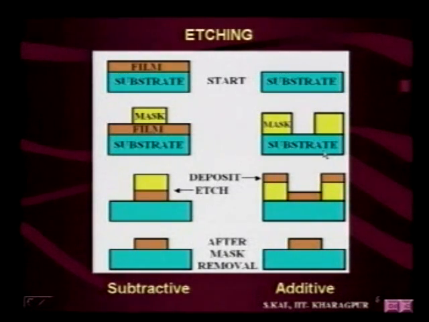But one of the important points in the additive process is the relative thickness of the metal film and resist film. I am explaining this point, try to understand. Here you see, after patterning the mask, meaning the resist, by lithography technique, I have deposited the film.